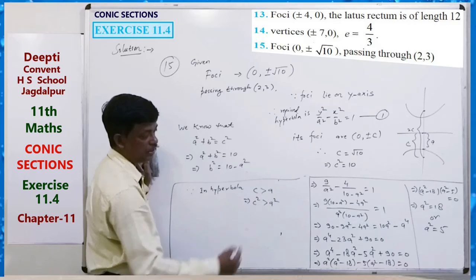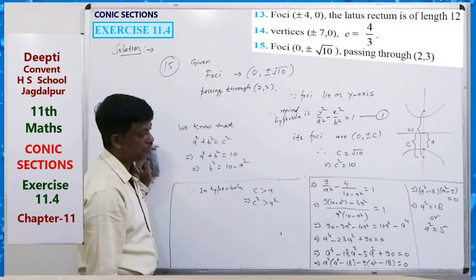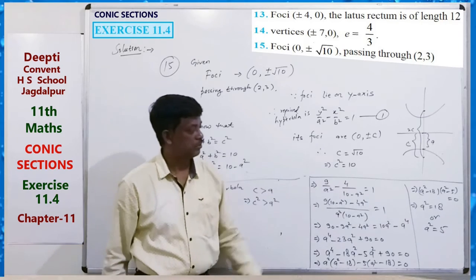If a square equals 5 and c square equals 10, 10 is greater than 5.